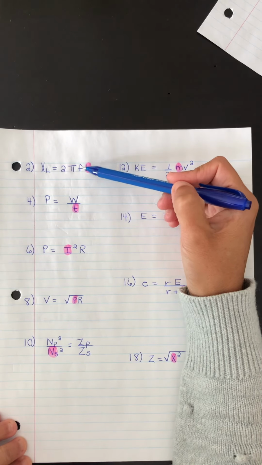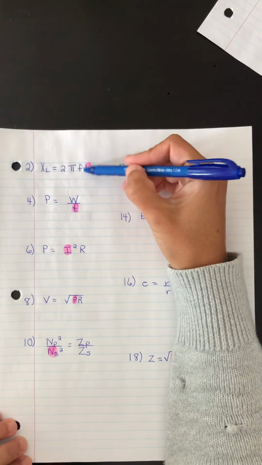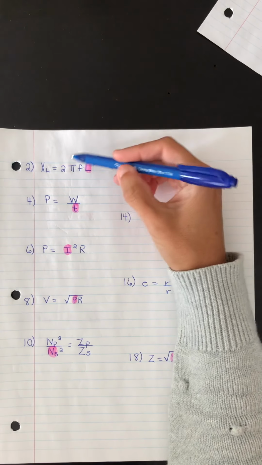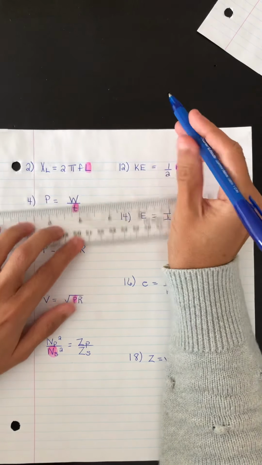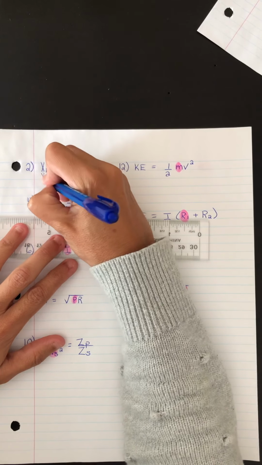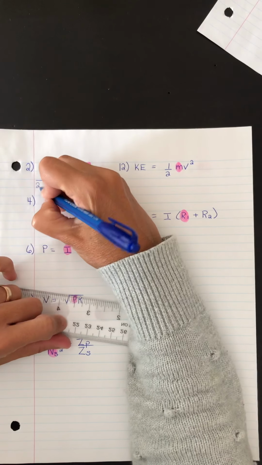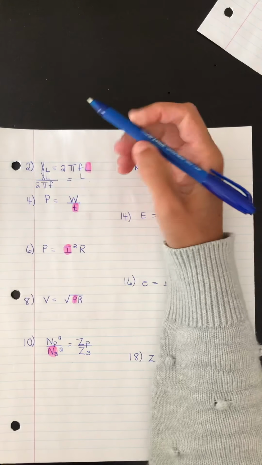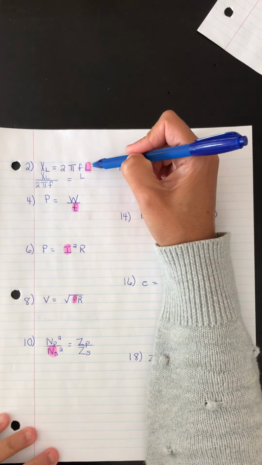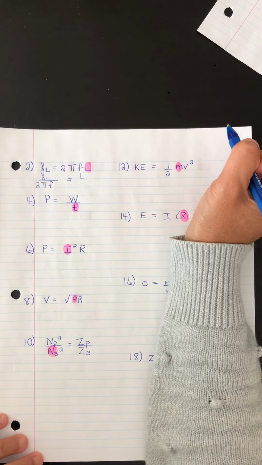Okay, in isolating capital L, all we need to do is divide both sides of the equation by 2 pi f. The implied operation was multiplication, so we simply do the opposite, which is division.